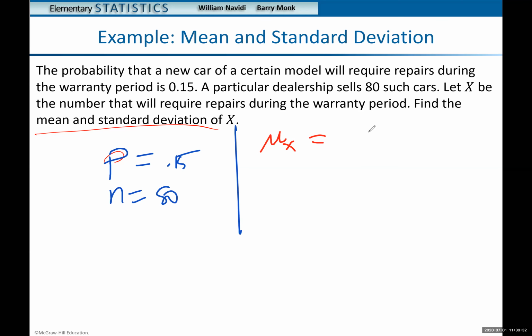Remember, it's n times p, so 80 times 0.15 is equal to.